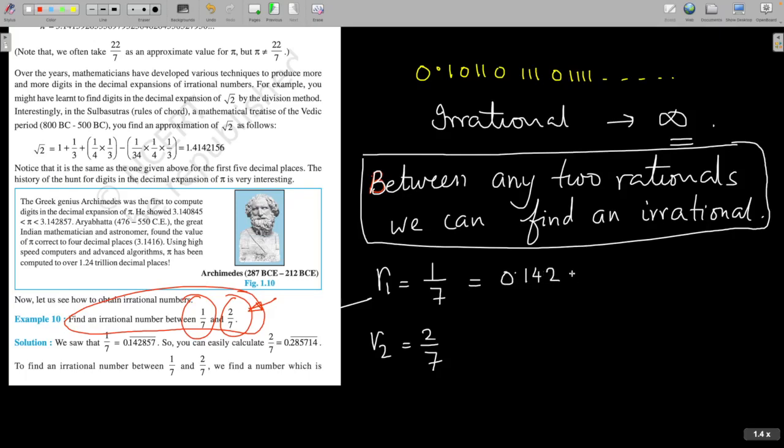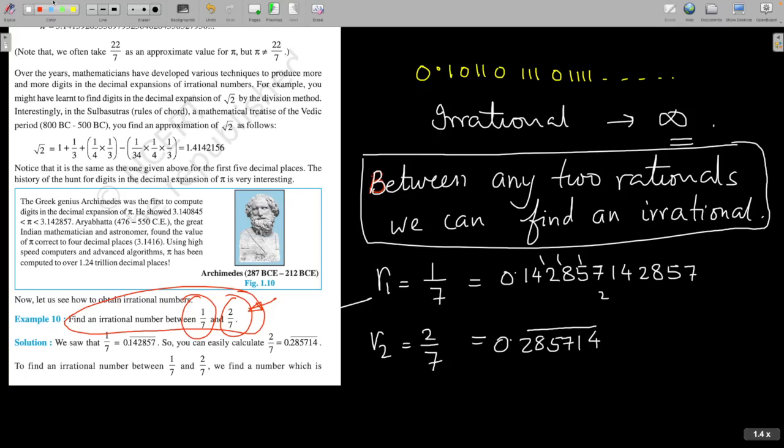This turns out to be 0.142857, and then it keeps repeating 142857. And R2 is just 2 times R1, so we can just multiply this by 2, which gives 0.285714, which is 2 by 7, also recurring. Okay, so can I find an irrational?